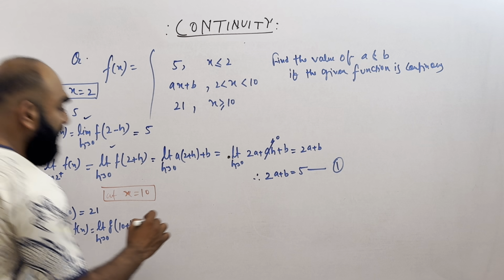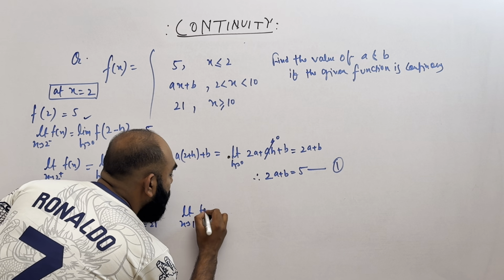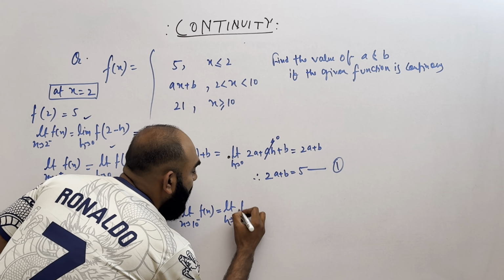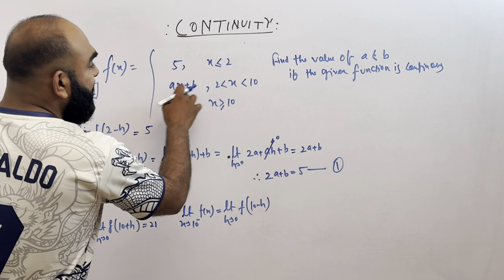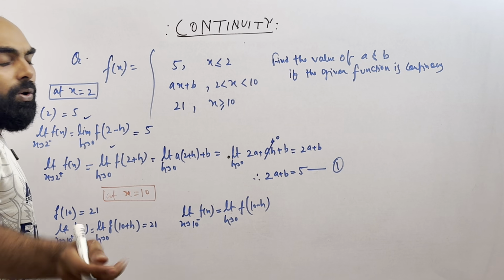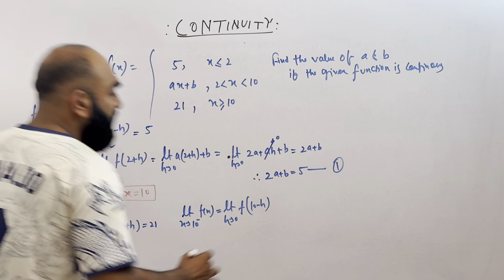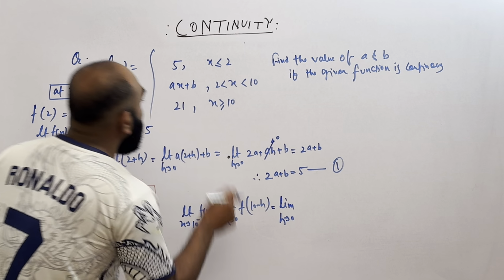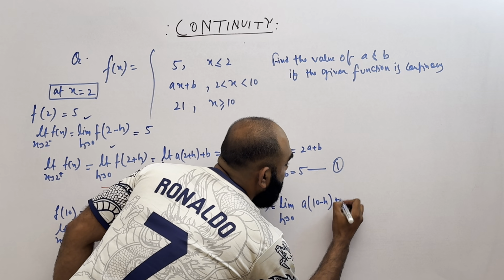Go for left hand limit at x is equal to 10. Limit x tends to 10 minus f of x is equal to limit h tends to 0 f of 10 minus h. Which function is valid for this one? Less than 10, this function is there. So go in this function and in place of x keep 10 minus h. Limit h tends to 0, it will come a into 10 minus h plus b.